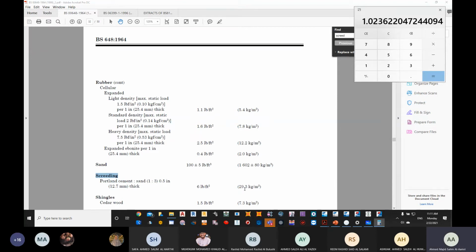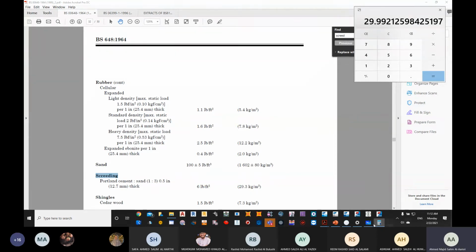So we have done cross multiplication. 13 divided by 12.7. So we're having 29.99 or 30. Okay. So the mass per meter square for the screeding is 30 kg. So 30 kg per meter square.